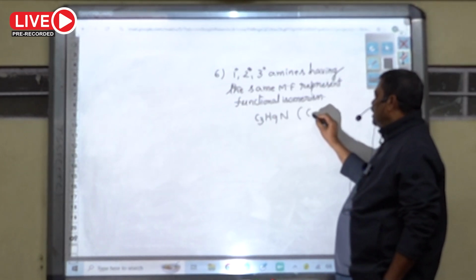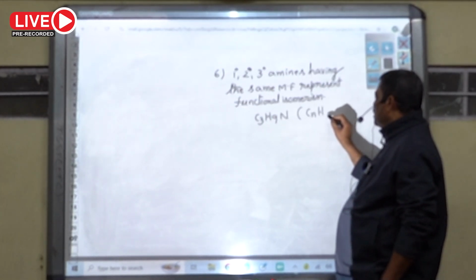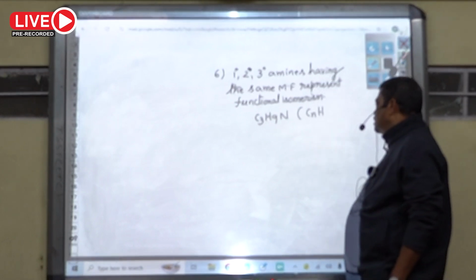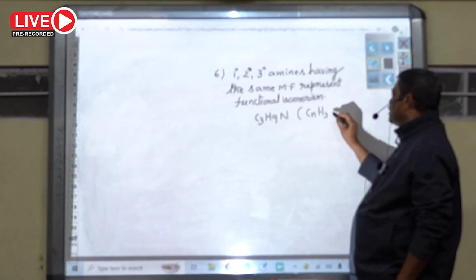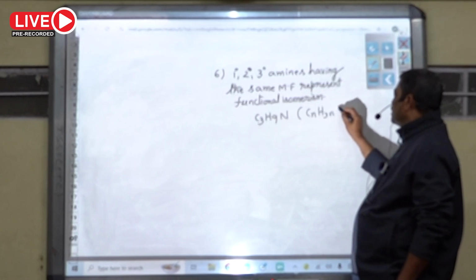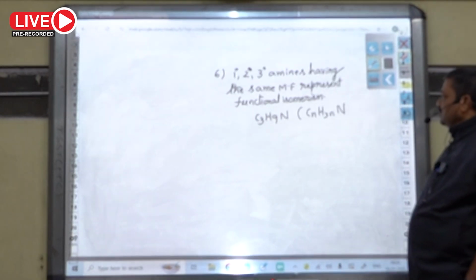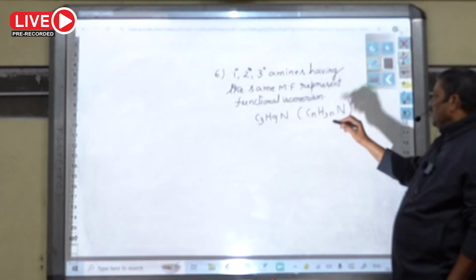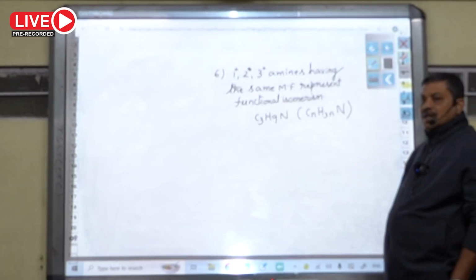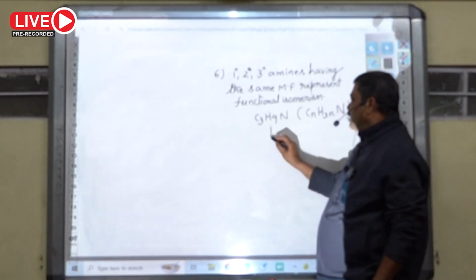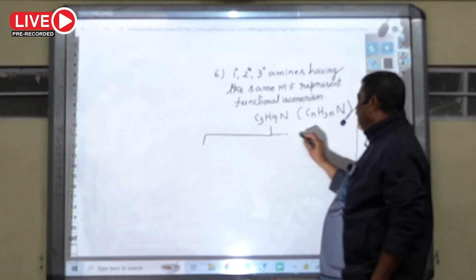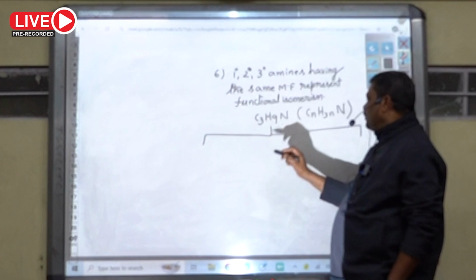That is CnH2n+3N. If n is equal to 3, C3H9N. Now the C3H9N I can write in 3 different forms.